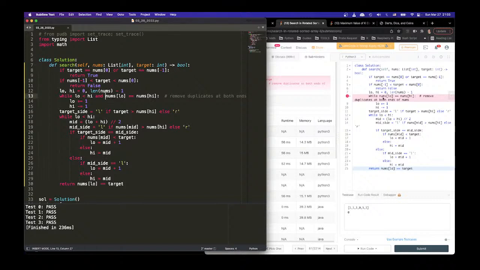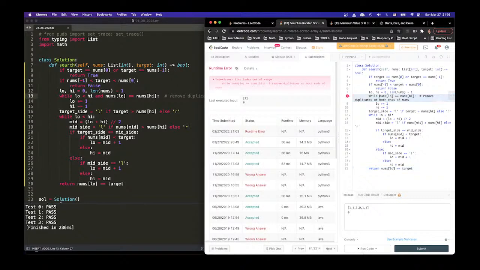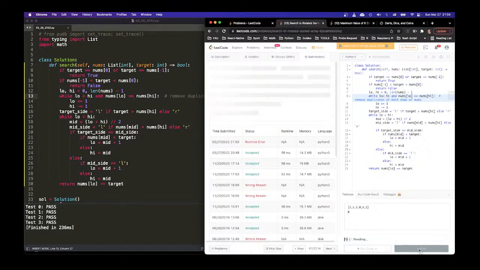Okay. Maybe I combine these two. No, I should not. Different while low is smaller than high. And try this.